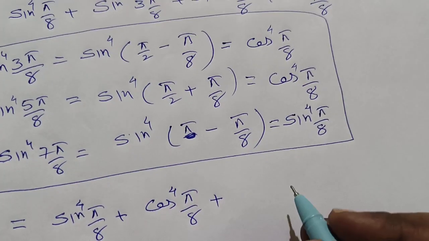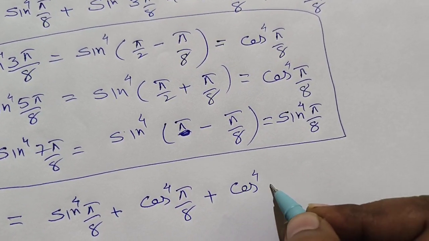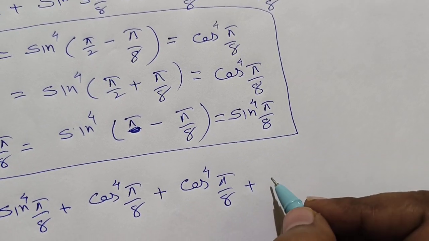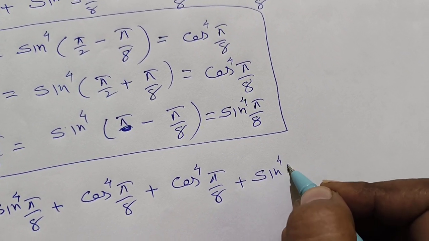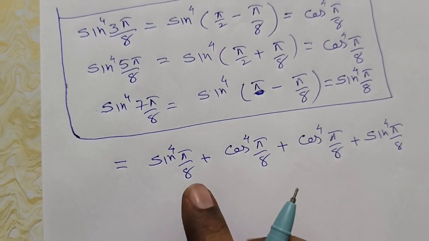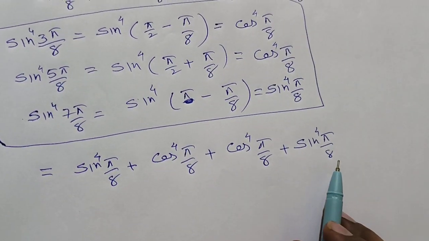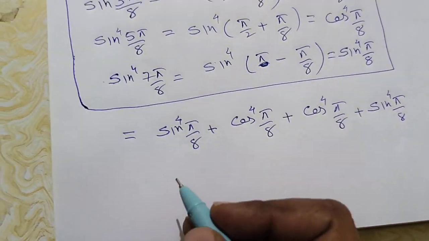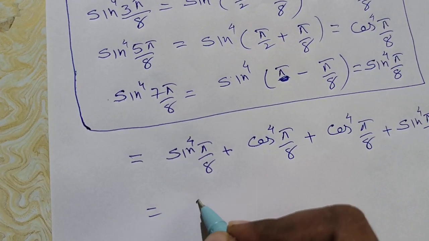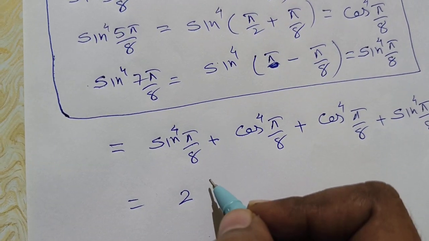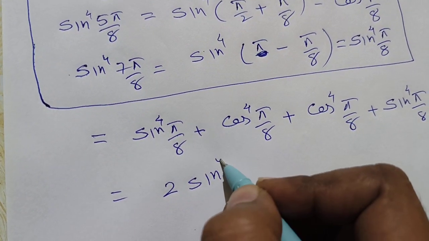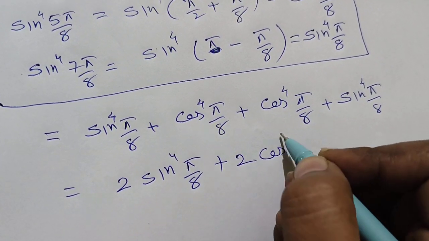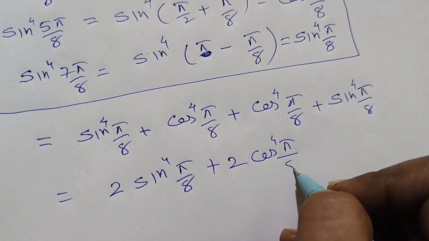The next term is also cos⁴(π/8), and the last term is sin⁴(π/8). So we have 2 times sin⁴(π/8) and 2 times cos⁴(π/8). So we can write 2 sin⁴(π/8) + 2 cos⁴(π/8).